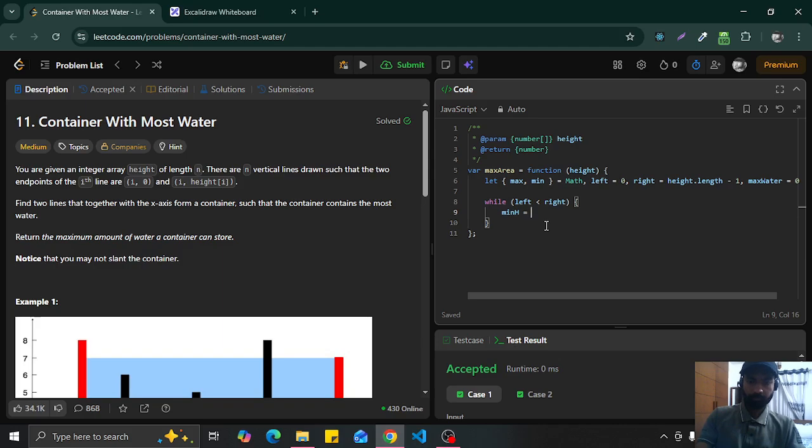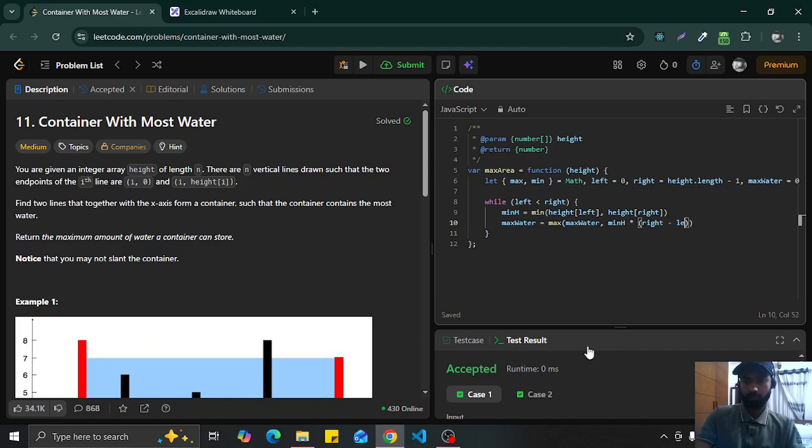So min of height of left, height of right, and max water is going to be max of max water and min h into right minus left.